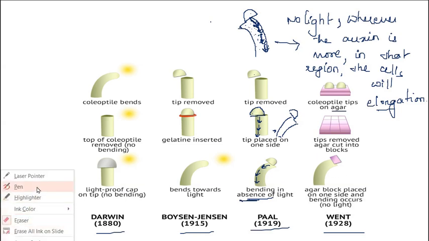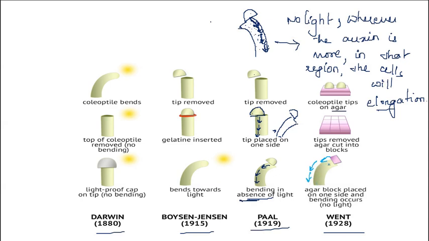But what Went did, Went took an agar block. He removed some tips from the coleoptile. He has taken a few tips from different coleoptiles and placed those tips onto an agar block. Now an agar block can retain the diffusible auxin.